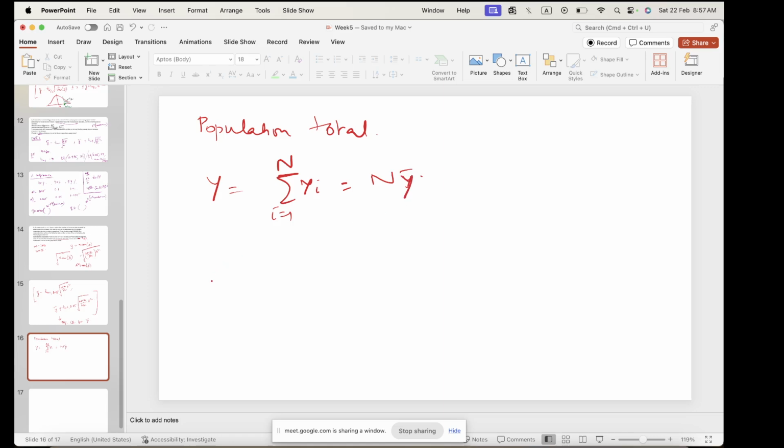Okay, so then Y hat is actually capital N into small y bar.